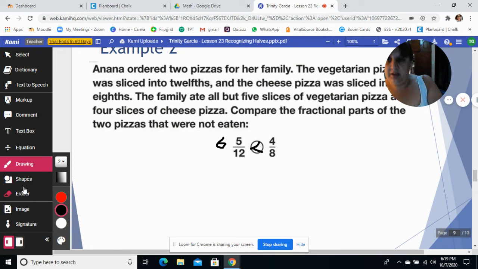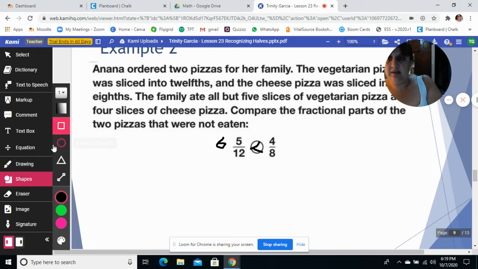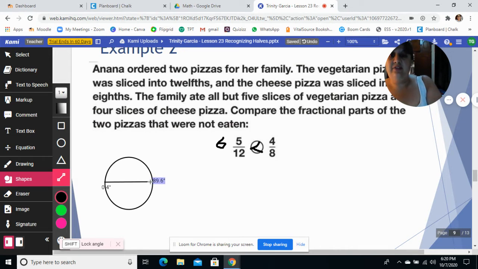Now, I'm not going to be able to do this fantastically because of the computer, but let's try. We're going to draw a circle here, and then some lines in our circle. In the first pizza, the vegetarian pizza, they divided it in half, and then they divided it in half again. Oops, that's what I was afraid was going to happen.